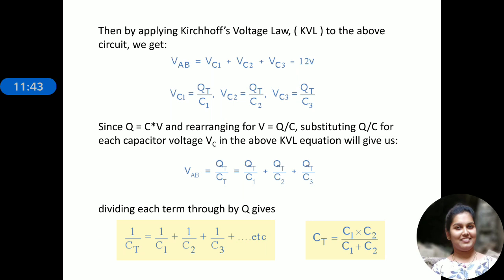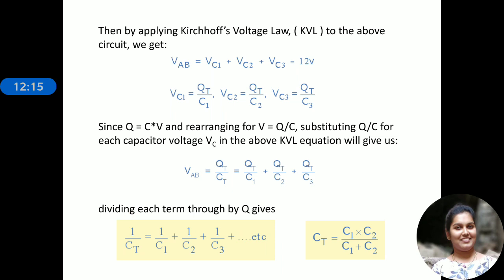Okay, when adding capacitors in series, the reciprocals 1 by C of the individual capacitors are all added together instead of the capacitances themselves. So the total value of the capacitors in series equals the reciprocal of the sum of the individual capacitances. Okay, so this is the final expression for capacitors when connected in series.